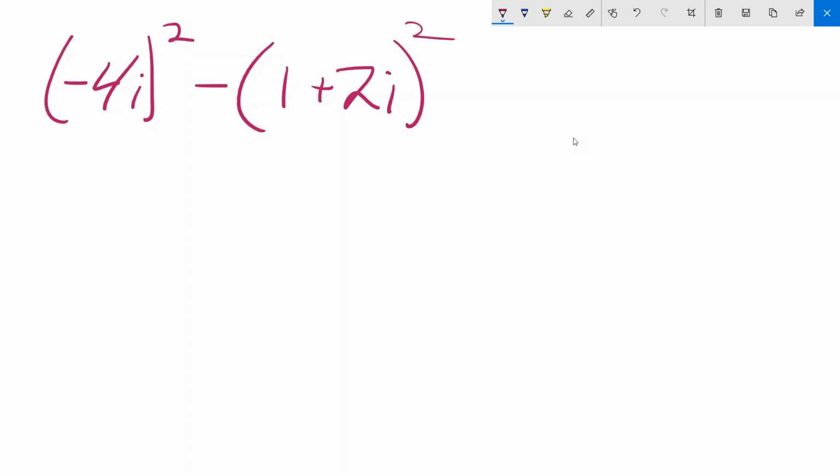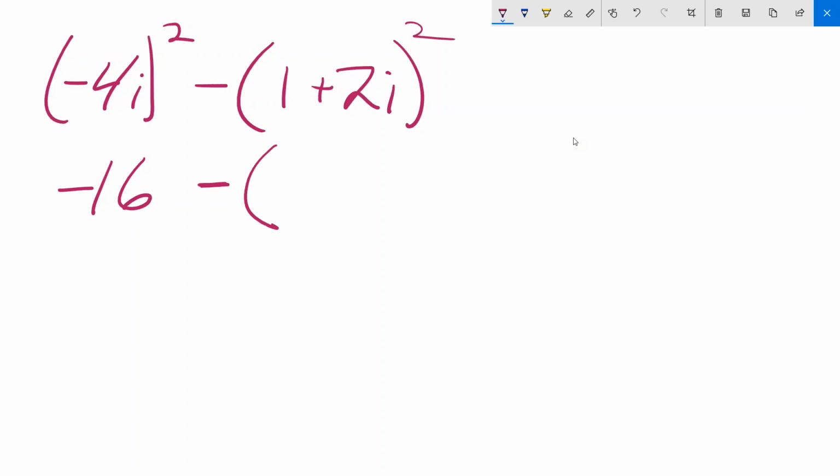Yeah. Okay. Let's do the first part on the left. So that's just negative 16i squared, which is just 16. Actually, the negative 4 is part of what's being squared, correct? Yeah, so it'd be 16i squared, which is negative 16. There you go.